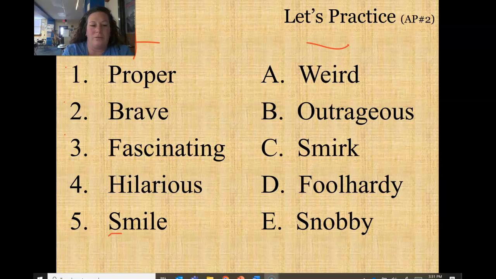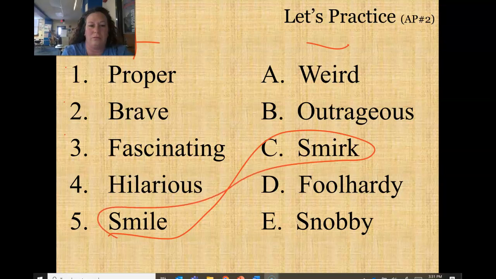So I know that smile is essentially the same thing as a smirk. So smile is the positive side and smirk is the negative side. I would much rather have somebody smile at me than smirk at me, right? If something is hilarious, it could either be considered weird or outrageous, but probably if I'm laughing at it, it's something that has been a little bit outside of the box.